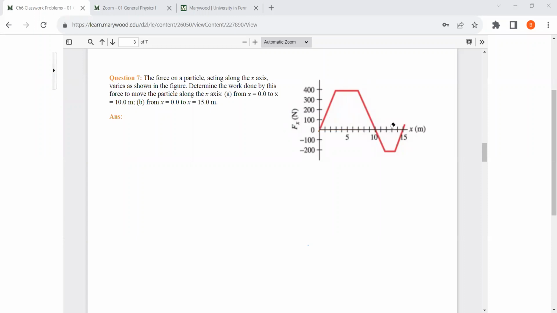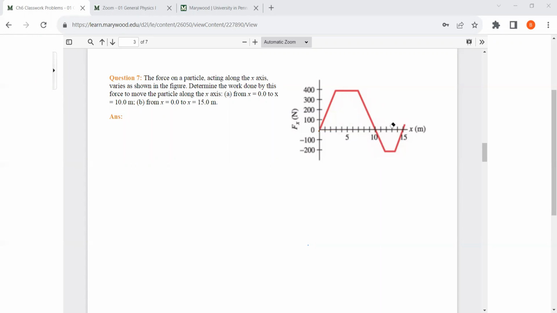In the theory class the shape was triangular, so it was easy. This looks like a trapezoid shape.